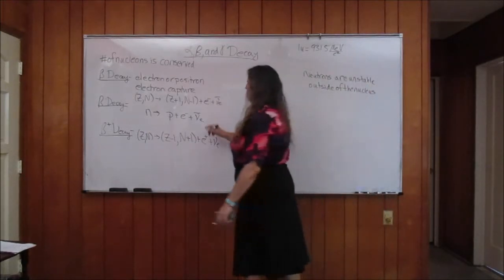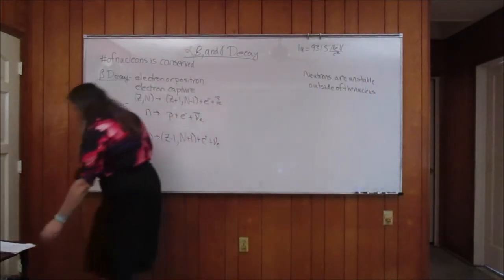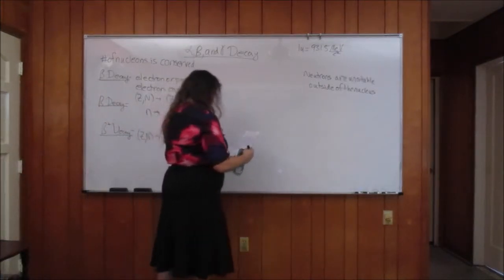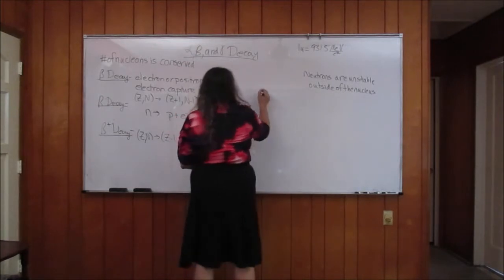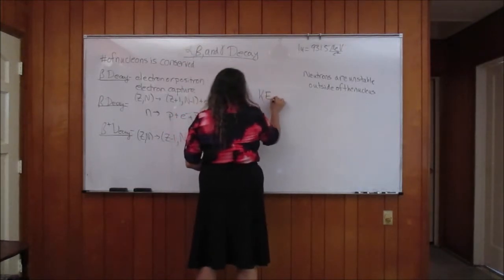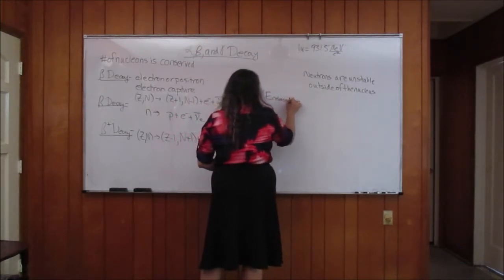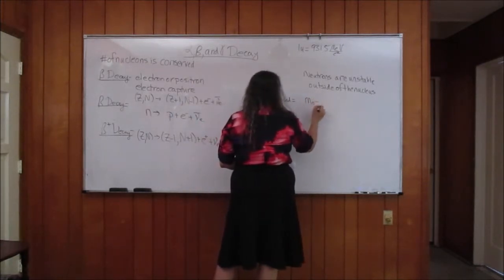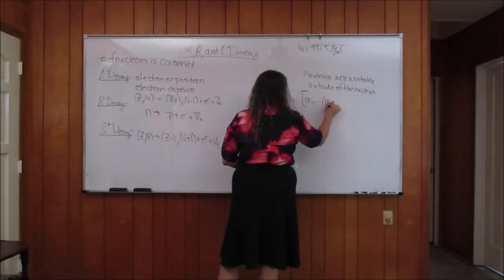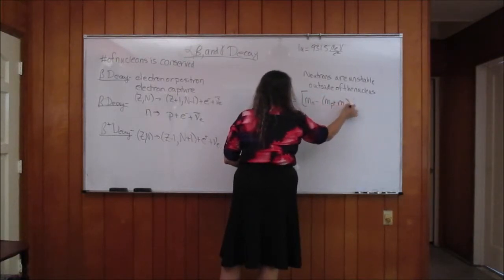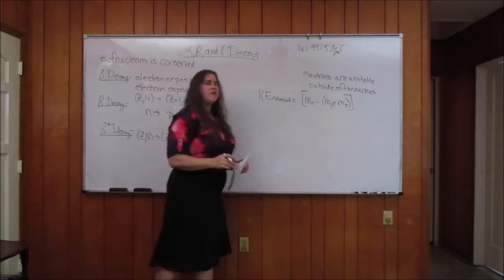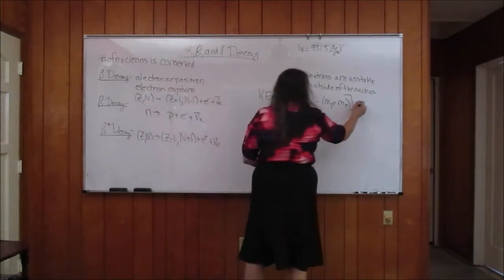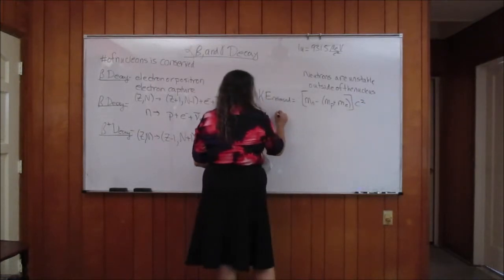So how much energy is released here? Well, the kinetic energy release is equal to the mass of the neutron minus the mass of the proton plus the mass of the electron. So basically it's just Mn minus Mp minus Me, all times c squared.